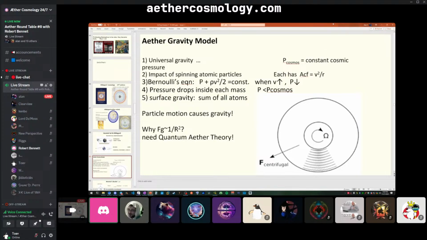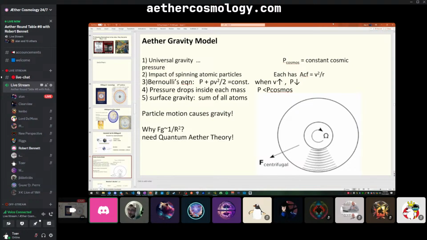Well, we have bound ether inside mass. That's what it basically is. And all of the particles that have been studied have spin. If ether spins, then it has a centrifugal force on its components. That means the ether moves away from the center.